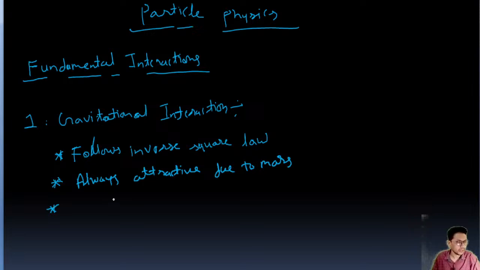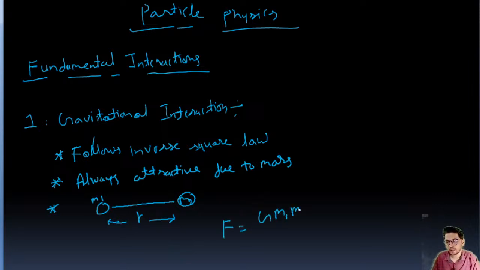If there are two masses m1 and m2 at distance r, then the gravitational force between them is F equal to G m1 m2 upon r square. That's why it is the inverse square law. So force is G m1 m2 upon r square.